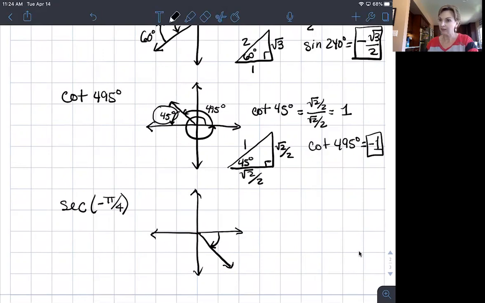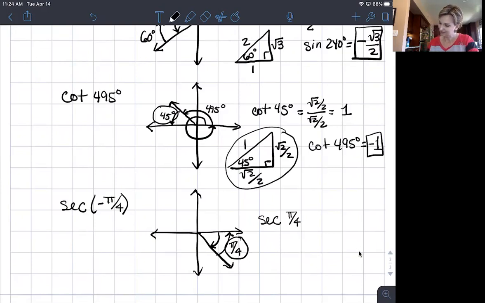Okay, the angle that gets us back up to the x-axis is the same angle, right? Pi over 4. So we're interested in the secant of pi over 4. Okay, that same triangle we just used, this one right here.